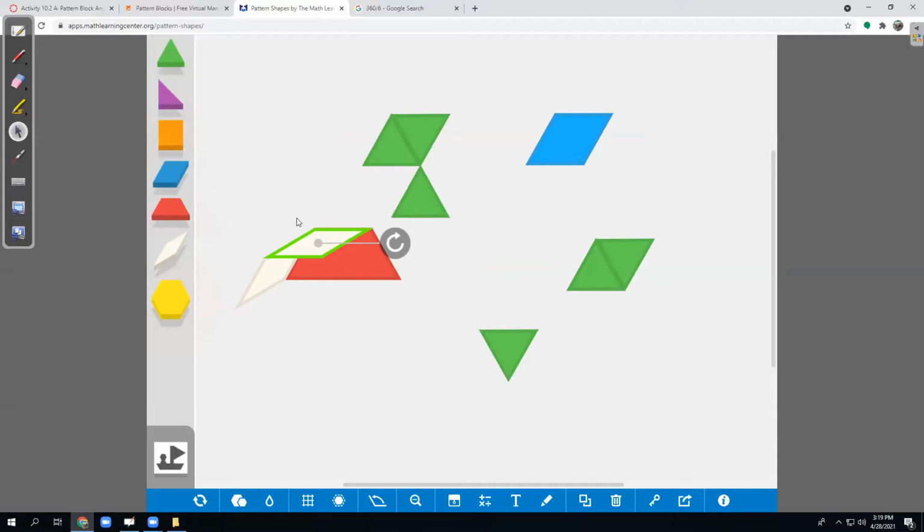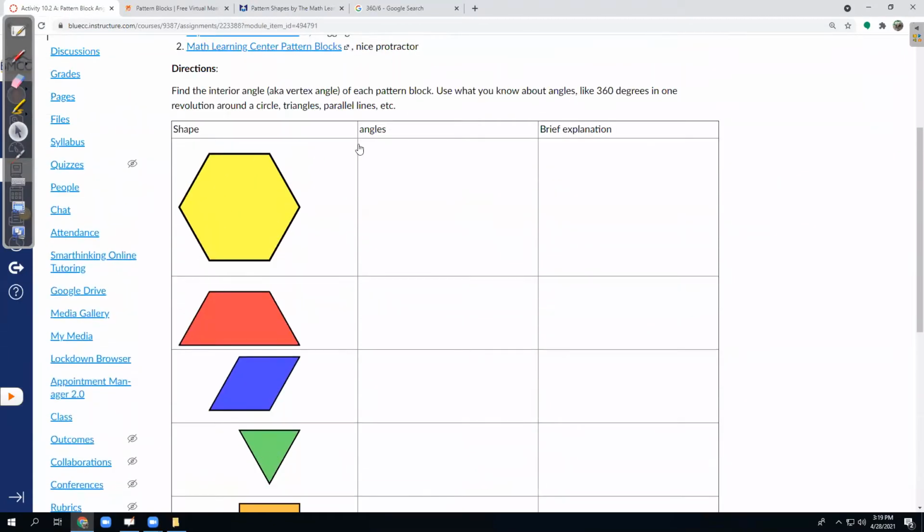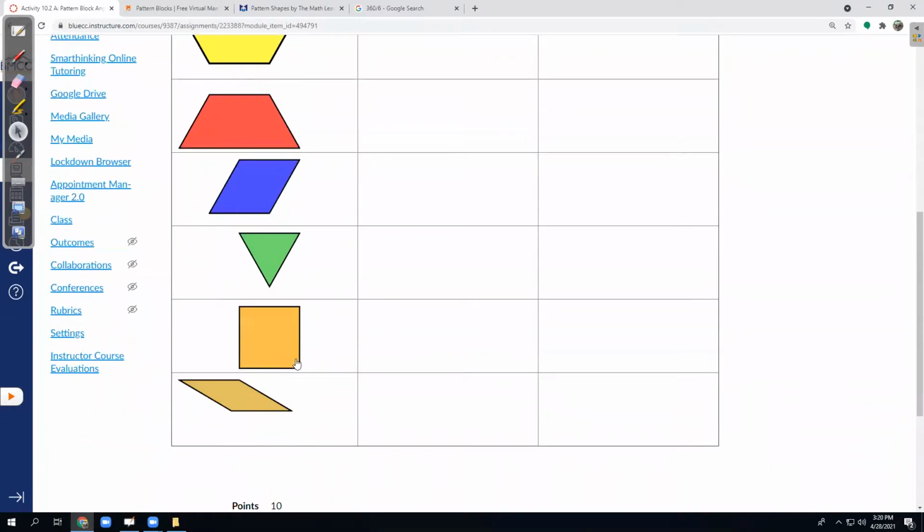And if I do something that doesn't make sense in my play, just let me know. And so then your task is to make a note of what the angles are. This one just has one angle all around. This one has the obtuse and acute angle. Obtuse and acute, just acute angles, a bunch of 90-degree angles, and a square.